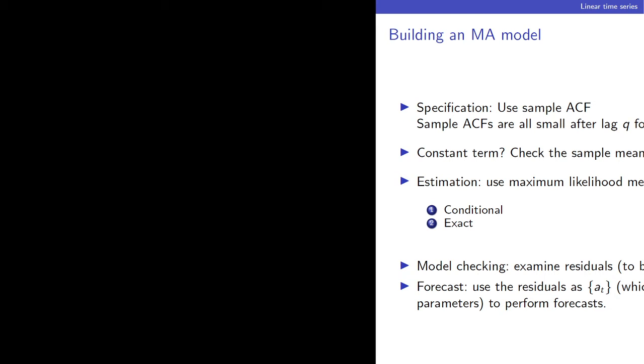And for model checking, we will have to use Box statistics to check that the residuals are actually white noise. Otherwise, our model doesn't fit well enough, and well, our work kind of goes down the drain. So for forecasts, we will use the residuals as values for a sub t, which can be obtained from the data and fitted parameters.